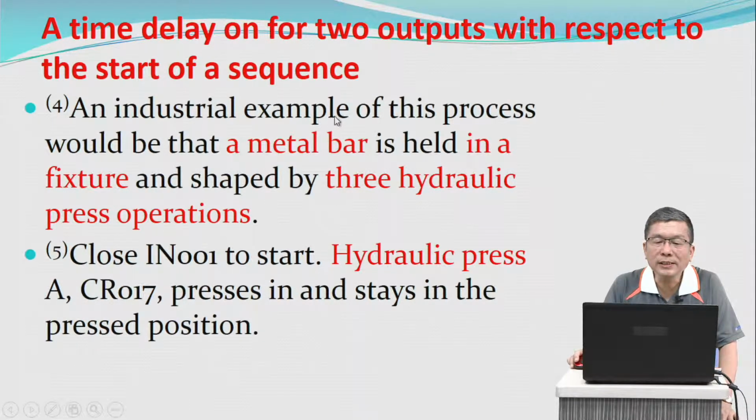An industrial example of this process would be that a metal bar is held in a fixture and shaped by 3 hydraulic press operations. Close IN001 to start. Hydraulic press A, control relay 017, presses in and stays in the press position.